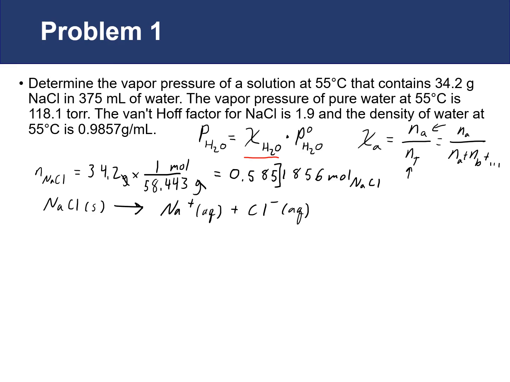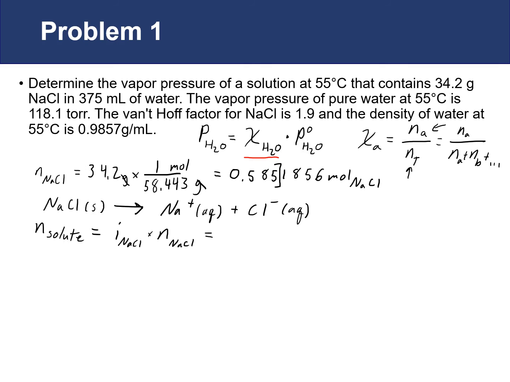So what this means is that for our number of moles of solute, or our effective concentration of sodium chloride, this would be equal to our Van Hoff factor for sodium chloride times the number of moles of sodium chloride.